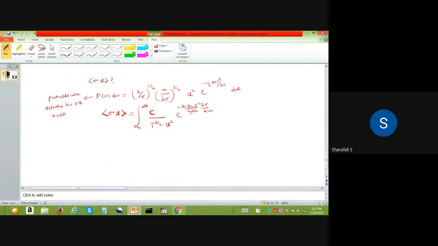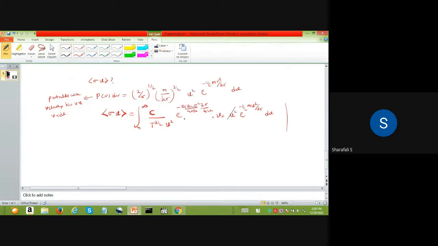So I have written only up to this. The remaining thing will be v times the probability of particles between v and v plus dv. So v squared will come first, then e raised to minus half m v squared divided by kT times dv. Now I can cancel these two.